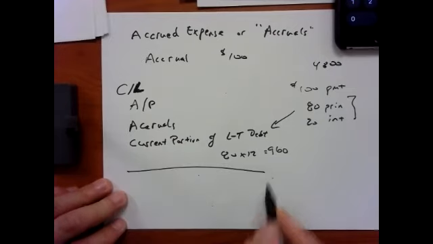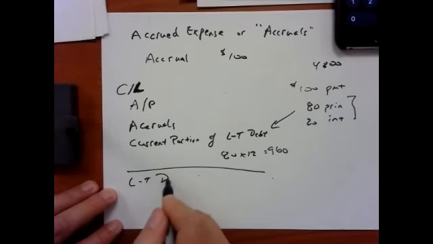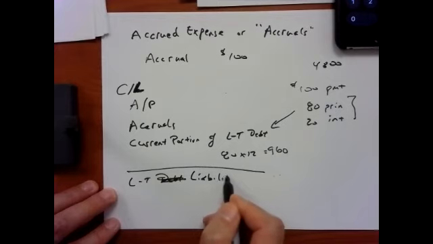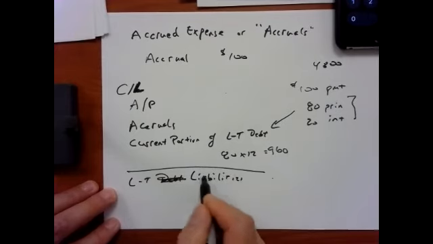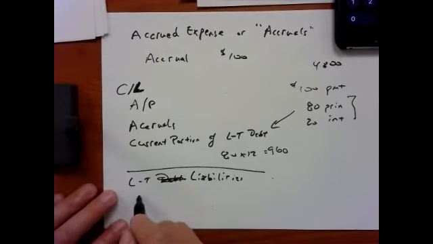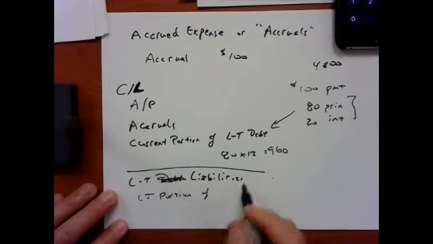We will do that next. So then we have long-term debt or long-term liabilities. Let's call it liabilities. If you say debt instead of liabilities, I won't hold you to that. Typically, anything long-term is debt. So in long-term liabilities, we would have the long-term portion of debt.